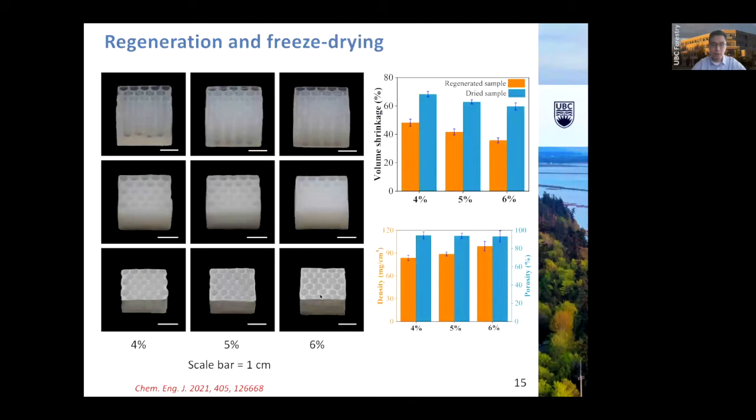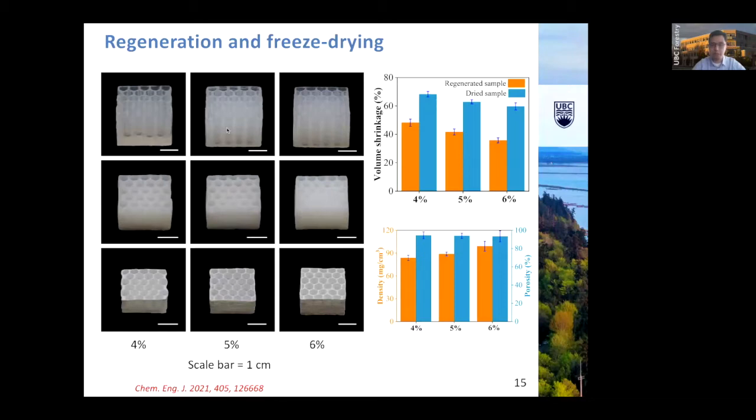So this is a honeycomb structure we developed, and this is just directly after printing. You can see this is 4%. Actually, for the 3%, although it shows good shear thinning and also some gelling property, the viscosity is not very high, and the yield stress is too low.